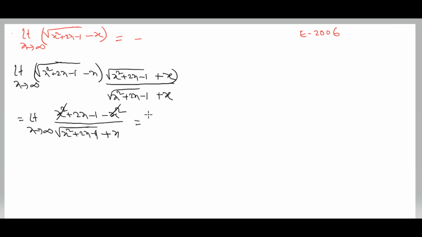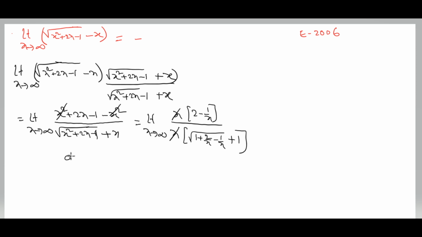In the numerator take x common, limit x tends to infinity, x common, that is 2 minus 1 by x, by, in the denominator also take x common, in root x square, that is 1 plus 2 by x minus 1 by x. Here x is common, that is 1, so x cancelled.